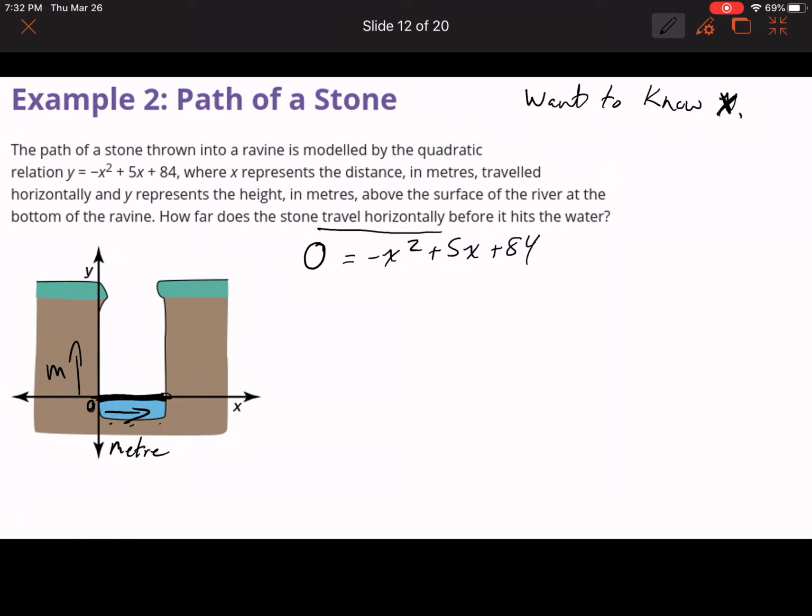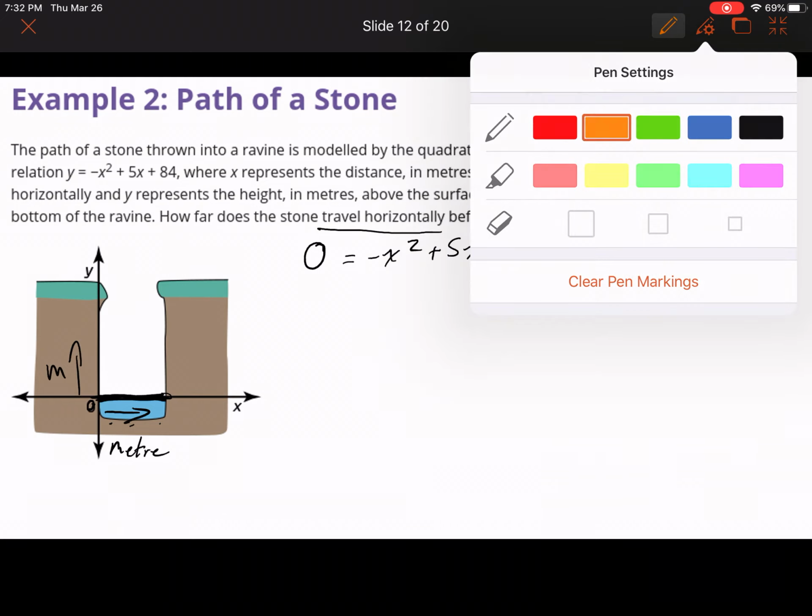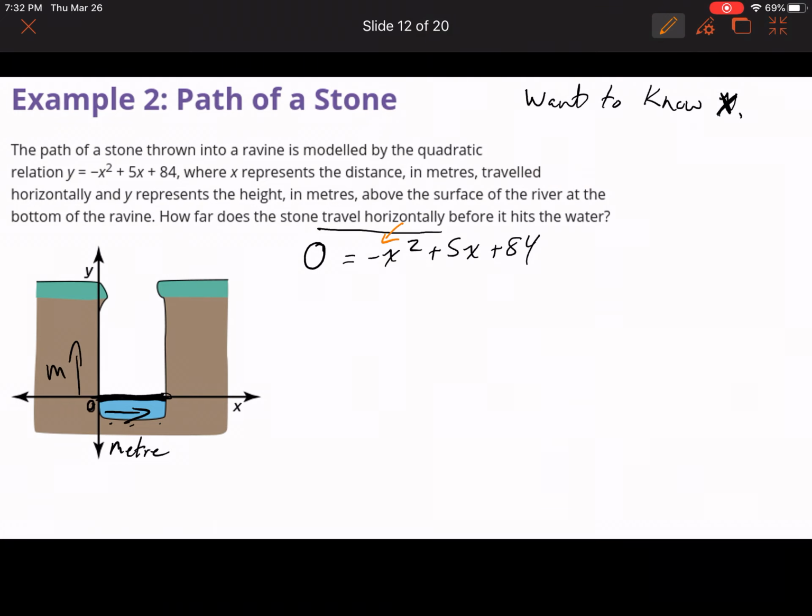Oh, here's a cool trick before we even get going. We don't really have to deal with this negative anymore. Because we are equal to 0, we can factor out that -1 by dividing every term by -1.